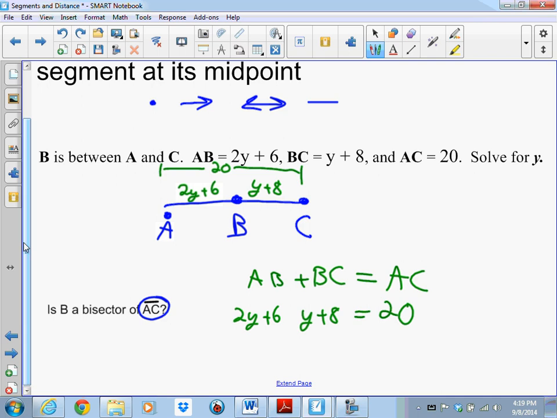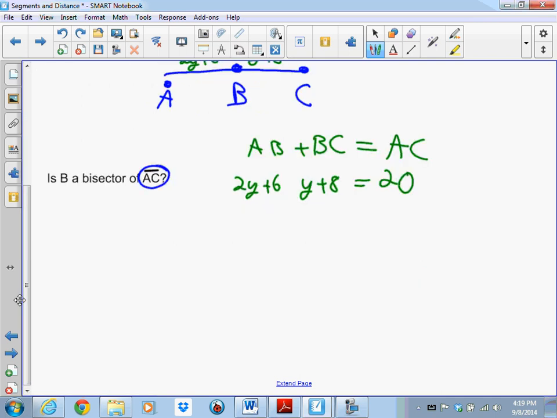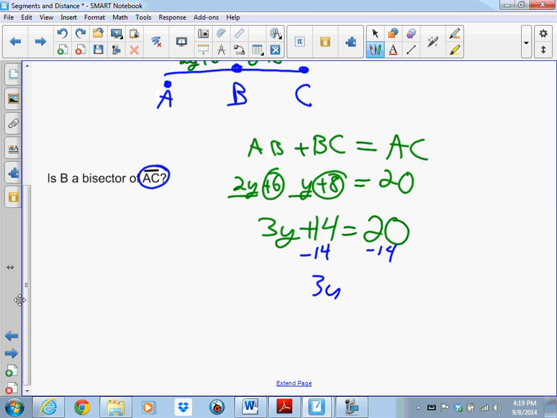Now we've got our picture, we wrote our equation, and we're just going to solve. We'll combine like terms: 3y plus 14 is 20, minus 14, 3y is 6, divided by 3, y is 2.